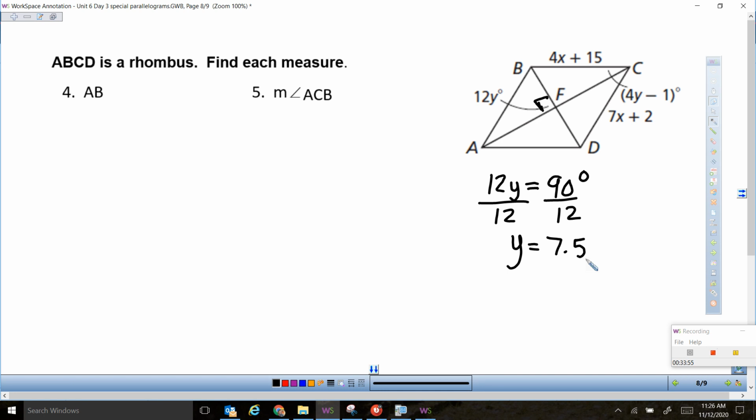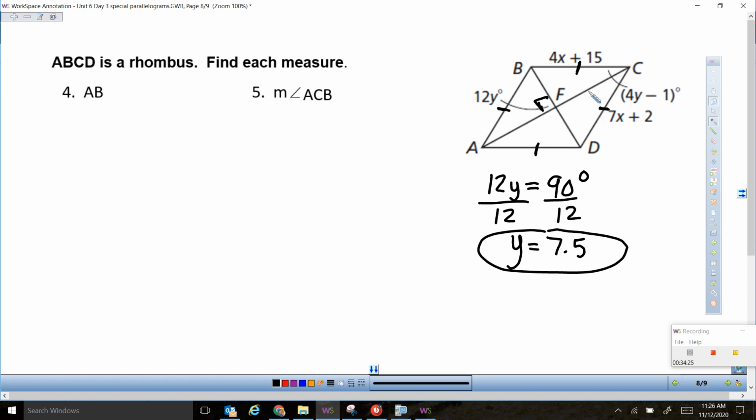Okay, so we found y. We're going to save that for a few minutes. Let's find x. What do I know about the side lengths of a rhombus? They're congruent. A rhombus has 4 congruent sides. So that means this top side and the right side are congruent, as well as the other 2 sides.